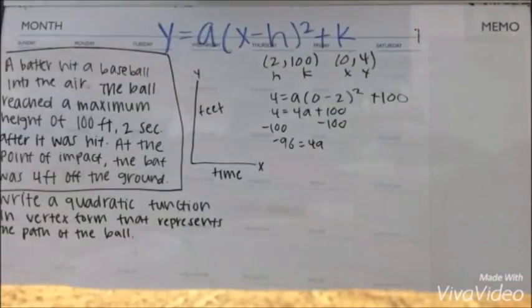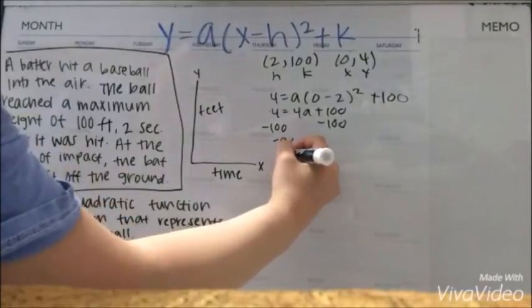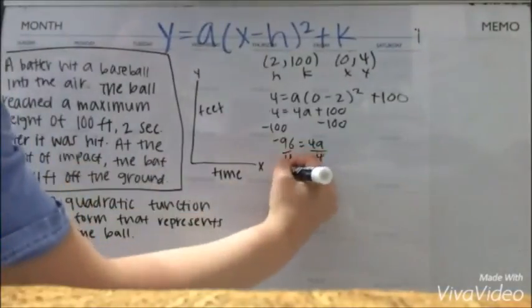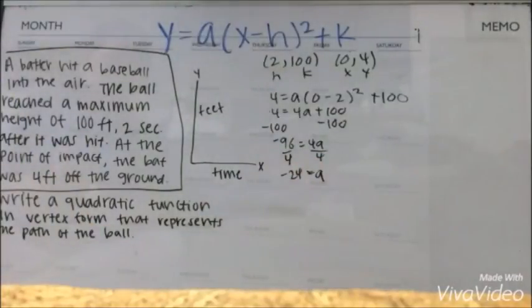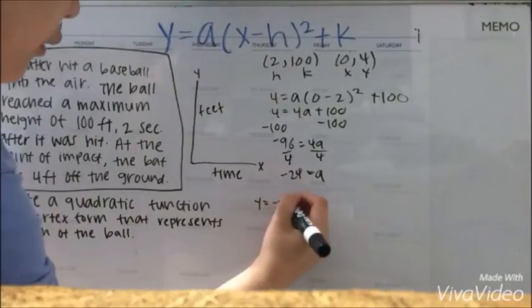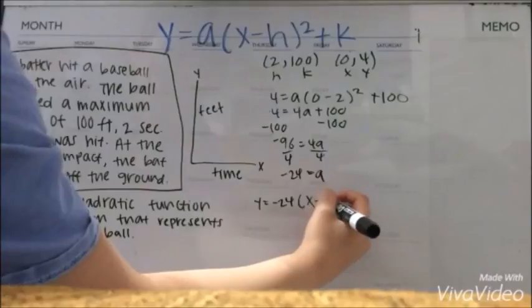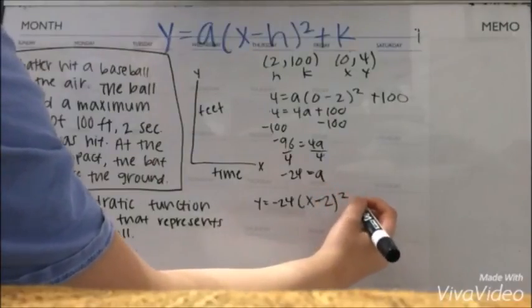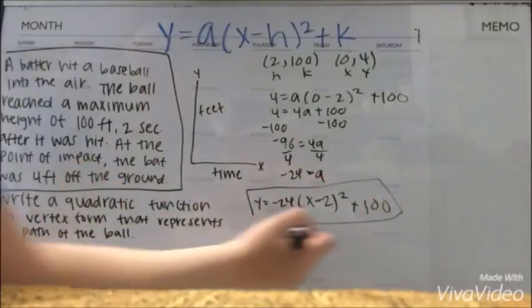And to get a by itself, you would divide by 4 on both sides and get negative 24 equals a. So when you write it down, it would be y equals negative 24 times (x minus 2) squared plus 100. And this would be your answer for this problem.